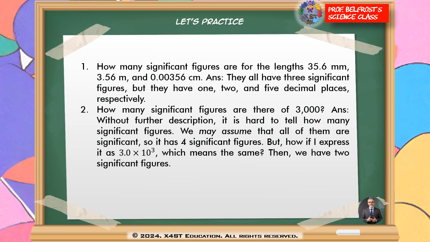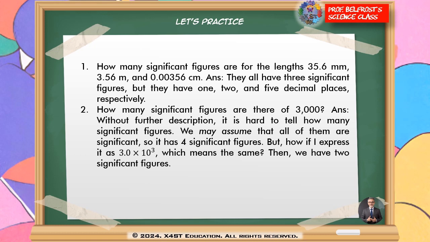Okay, so let's practice. This is just an example for you, the recap for today. First, how many significant figures are in the lengths 35.6 millimeters, 3.56 millimeters, and 0.00356 centimeter?